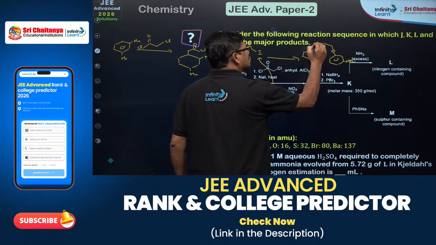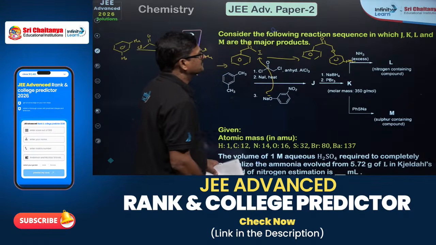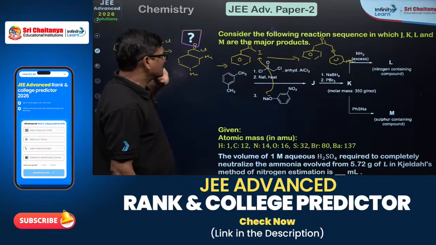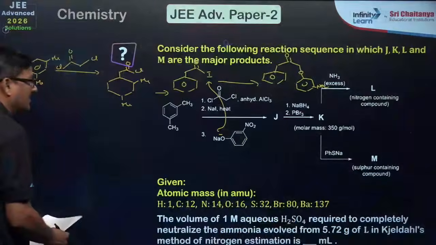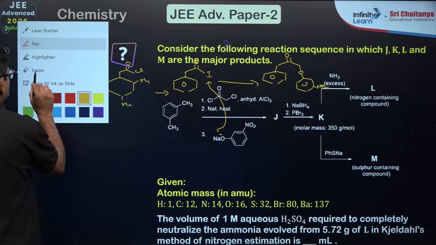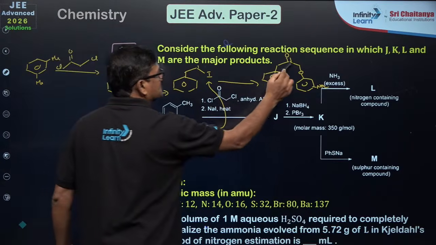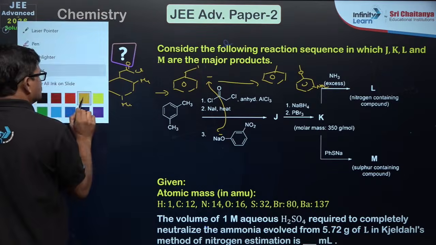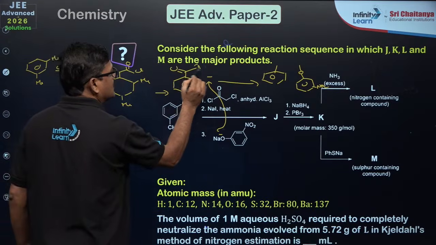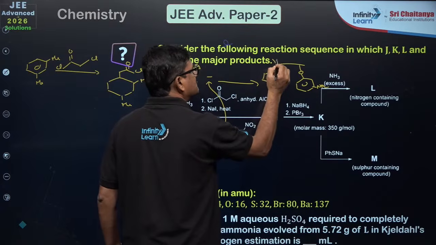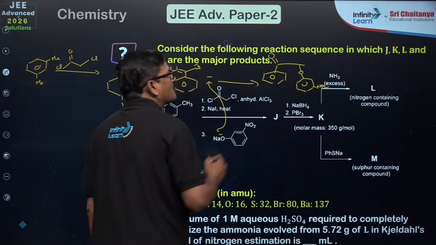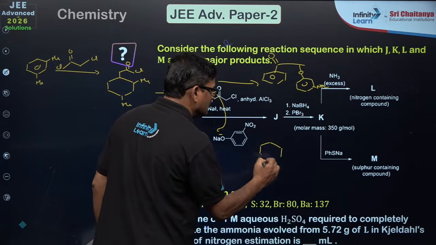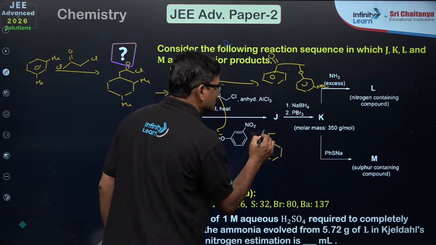NO2, and it is going to be C double bond O. And this is treated with NaBH4. The C double bond O should come here. Now, this is treated with NaBH4, you are going to get this OH.